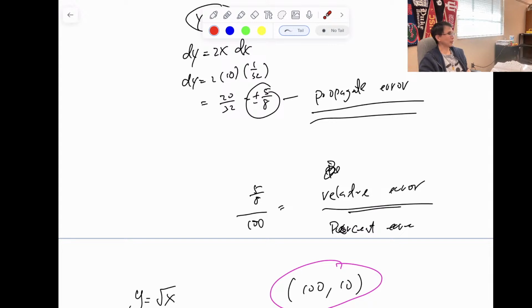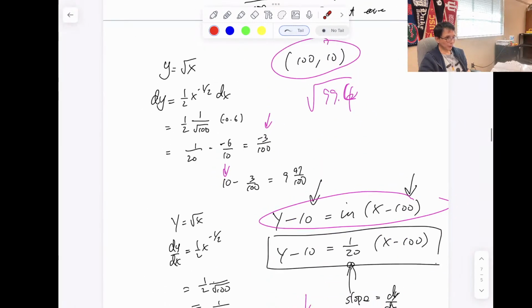In this case, it's about 0.625%. I don't know the calculation of that, but anyway, that will give you a percent error.